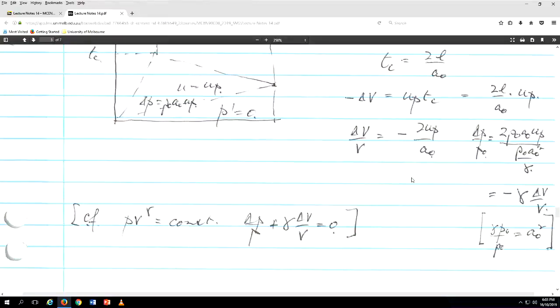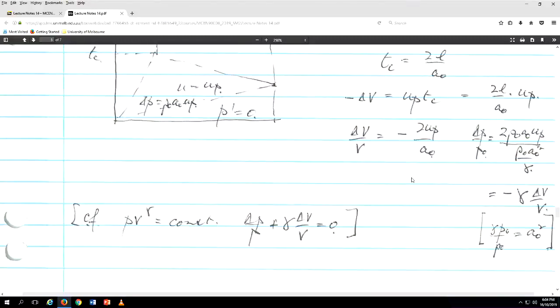And the delta P is rho naught A naught UP, and delta P over P is minus gamma delta V over V. I worked it out here, delta P over P is 2 rho naught A naught UP divided by P naught, which was rho naught A naught squared over gamma, because gamma P naught over rho naught is A naught squared.